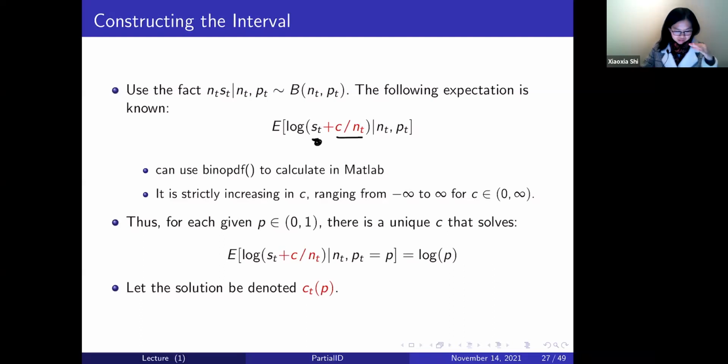For example, a product is a certain brand of cereal, and that cereal is not a very popular product, and nobody buys any unit of that cereal in that week, then the choice probability of that cereal in that week will appear to be 0, even though theoretically there could still be some consumers who would buy it. It just so happened that nobody did. So ST could be 0. So we modify it by a positive number, C, divided by NT. NT is the number of consumers who came to the market.